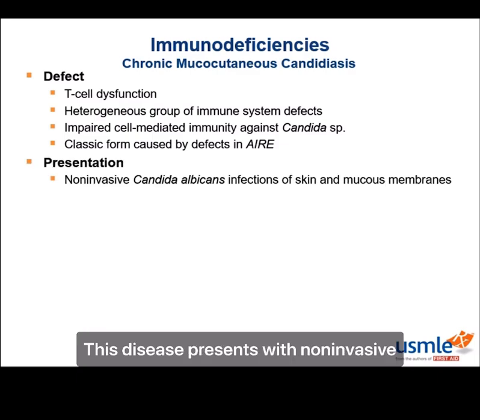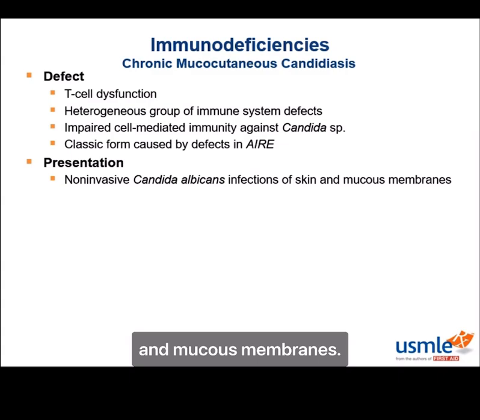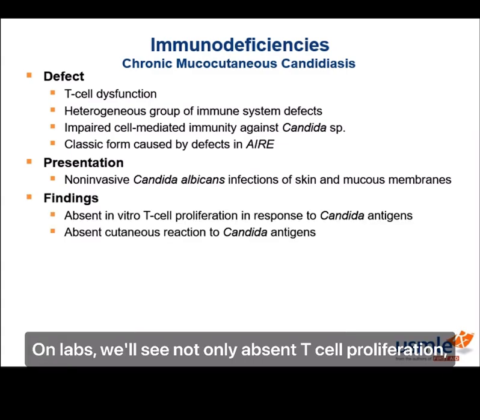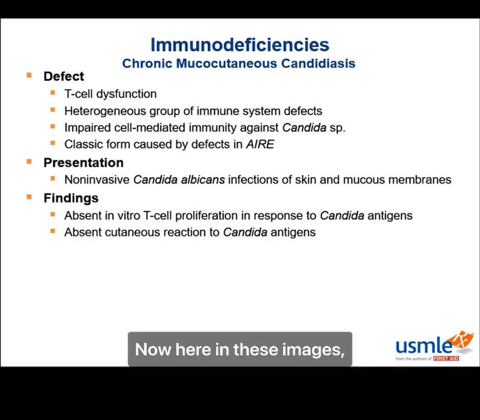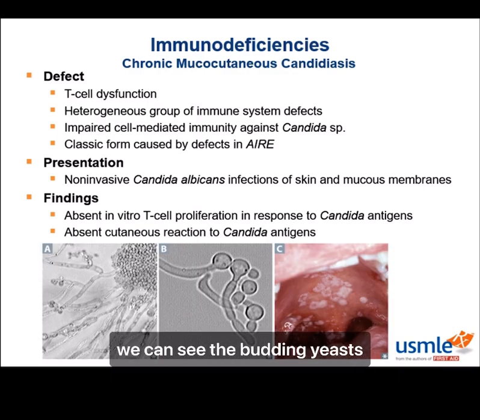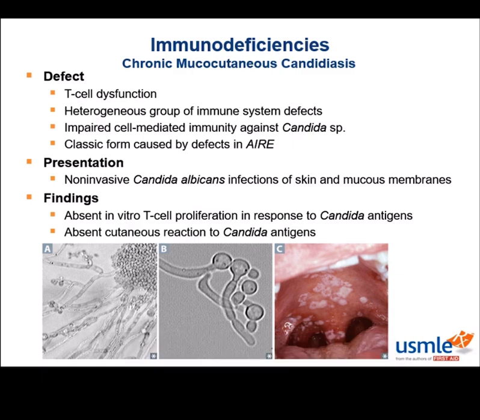This disease presents with non-invasive Candida albicans infections of the skin and mucous membranes, and on labs we'll see not only absent T-cell proliferation, but also absent skin reactions to the Candida antigens. Now, here in these images, we can see the budding yeasts and the germ tubes of Candida albicans, and also a clinical image of oral thrush.